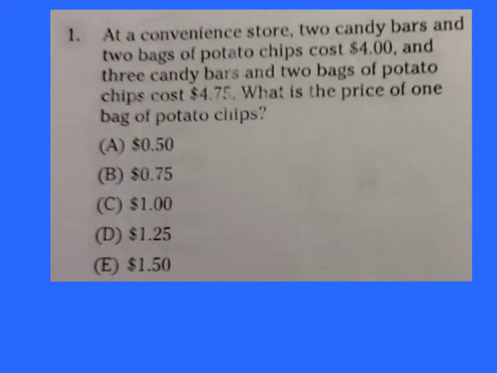Okay, one approach to this is you can do the following. 2 candy bars, so why don't we make candy bars be CB, and we have 2 of them, and 2 bags of potato chips, 2 PC, equal $4.